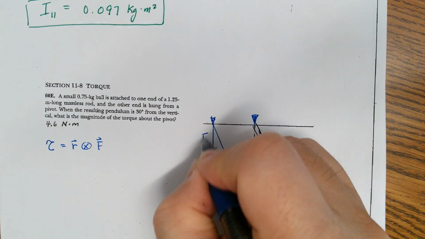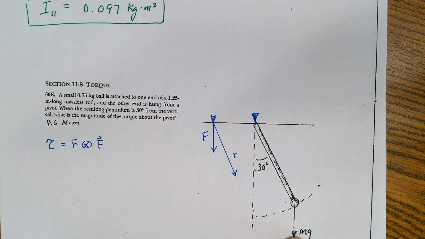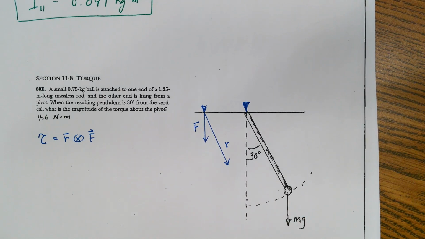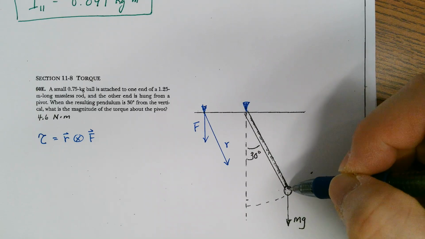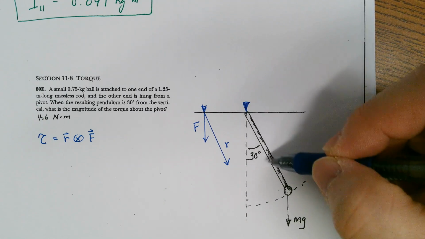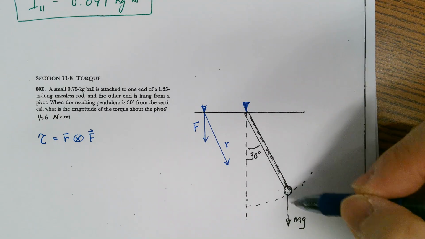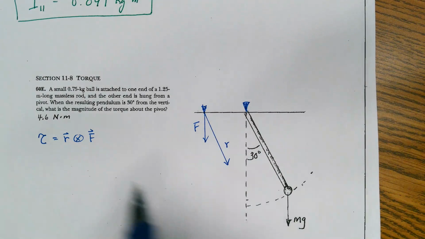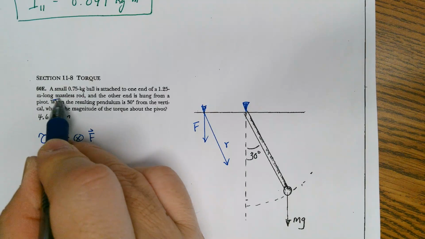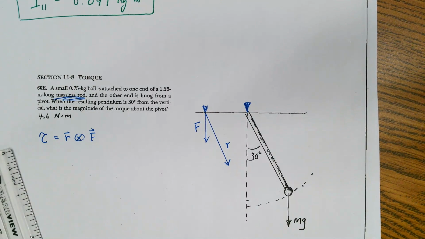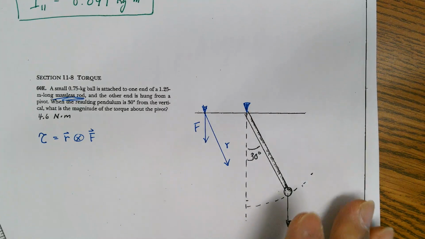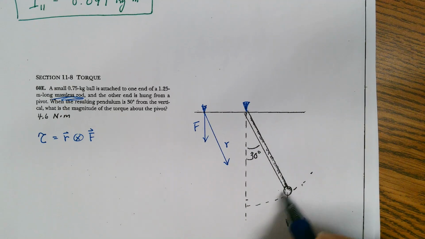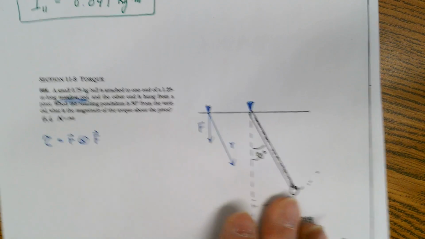The force happens to be just the weight of this bob. This rod is massless, luckily, because if it had mass, then we would have to think about a moment of inertia for the rod as well as for this mass. But this is a massless rod, which makes it a lot easier. So we just have to worry about the weight of the ball.